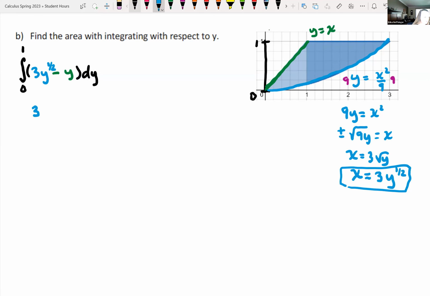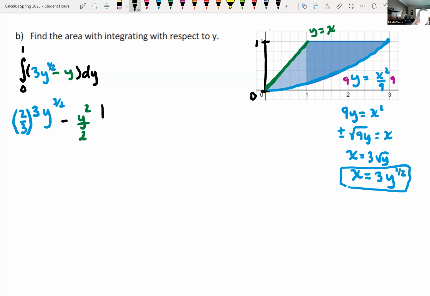So that's going to give us 3y. Adding 1 to 1/2 gives us 3/2. We're going to divide by 3/2, which is the same thing as multiplying by the reciprocal, which is 2/3. There we go. And then the antiderivative of y, so minus, is y squared over 2.